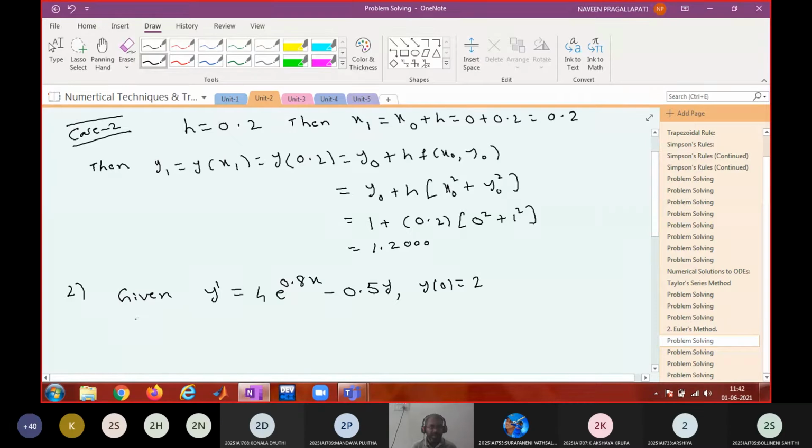Evaluate y of 4 with the step size of 1 by Euler's method.